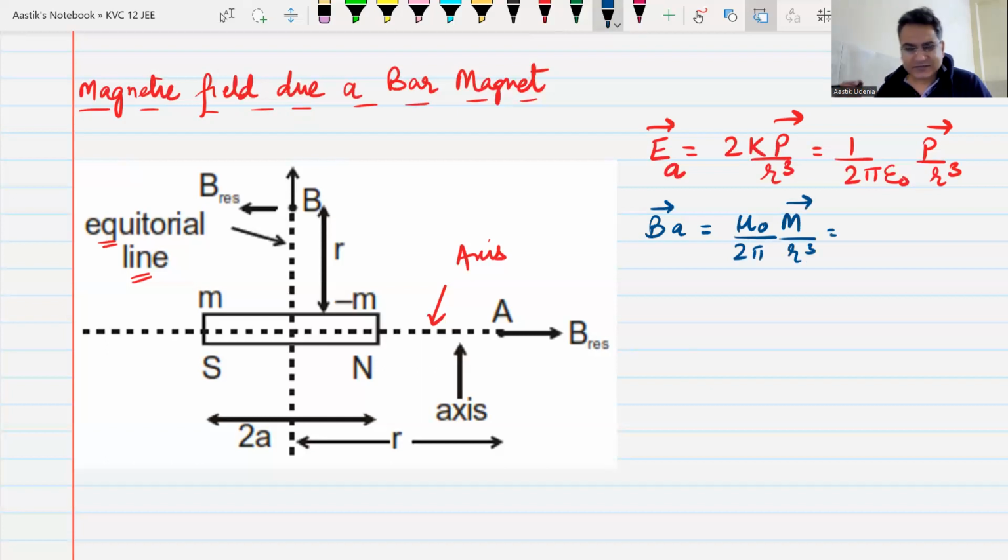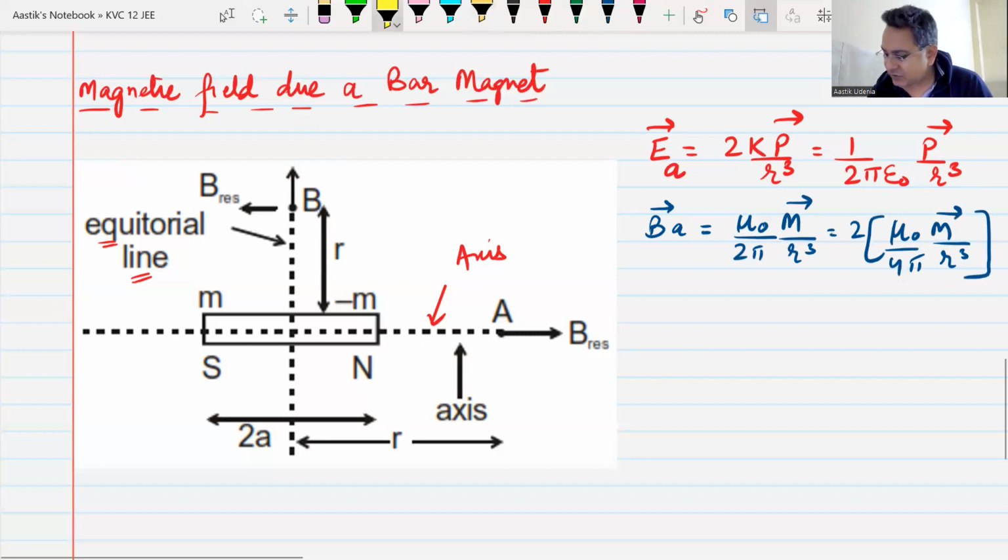Or sometimes it is written like this: 2 times mu naught by 4 pi into m vector by r cube. We write it in this way so that it looks similar to this one.